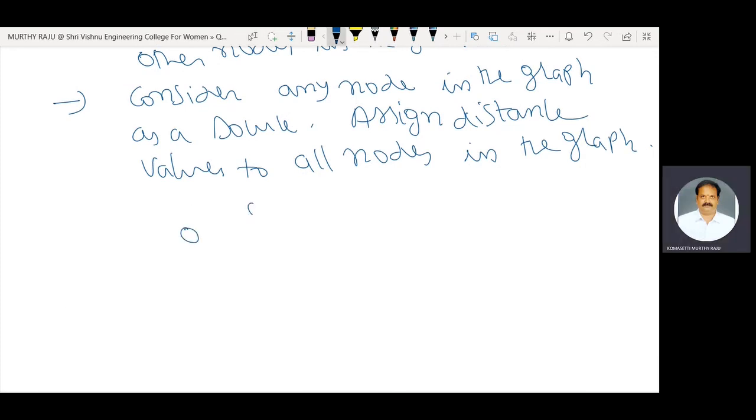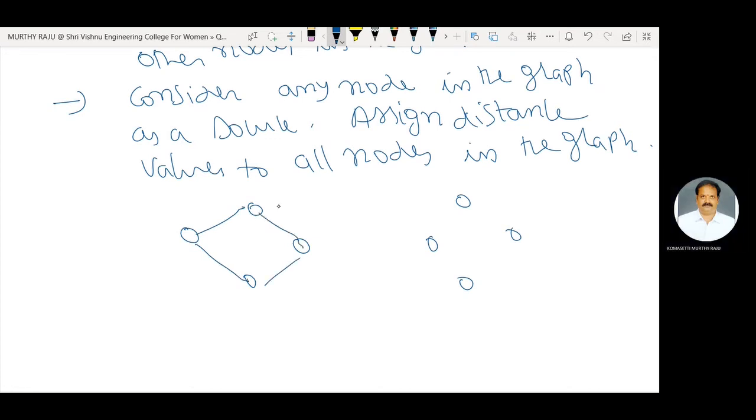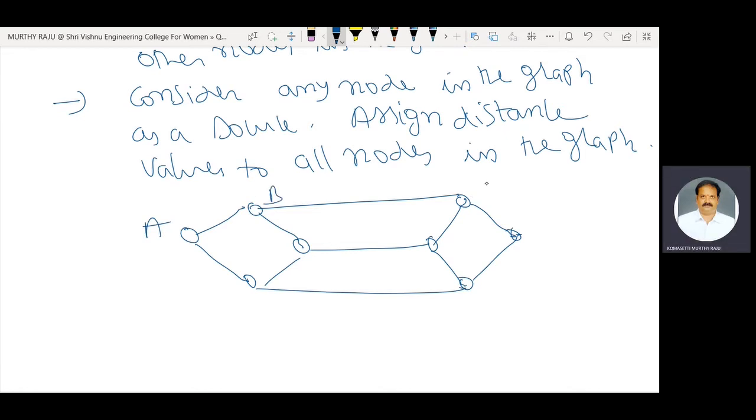This is the graph. The nodes are connected like that: A, B, C, D, E, F, G and H. The values are 2, 1, 2, 2, 7, 4, 5, 2, 1, 2, 6 like that.